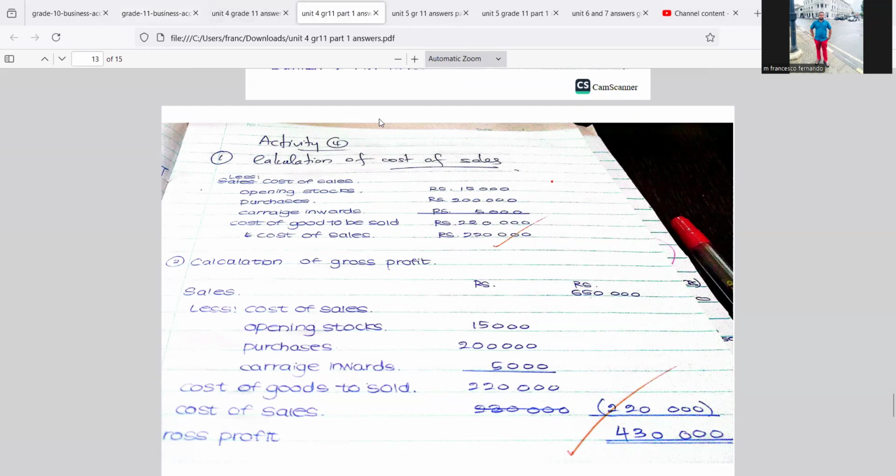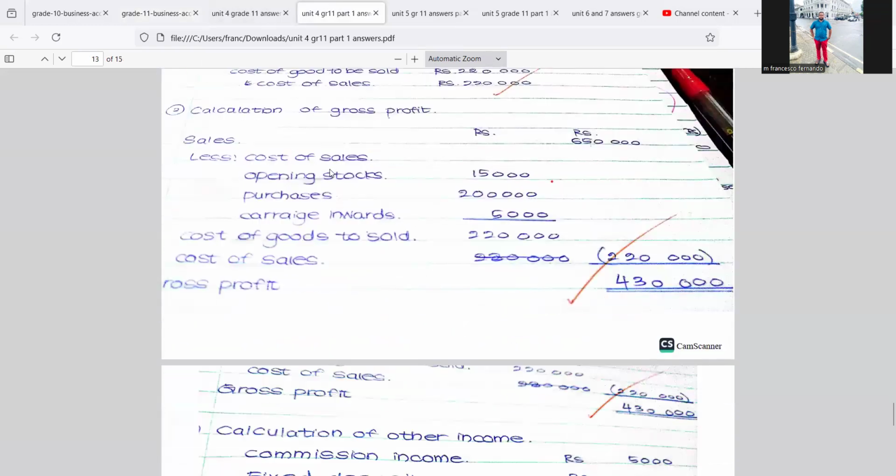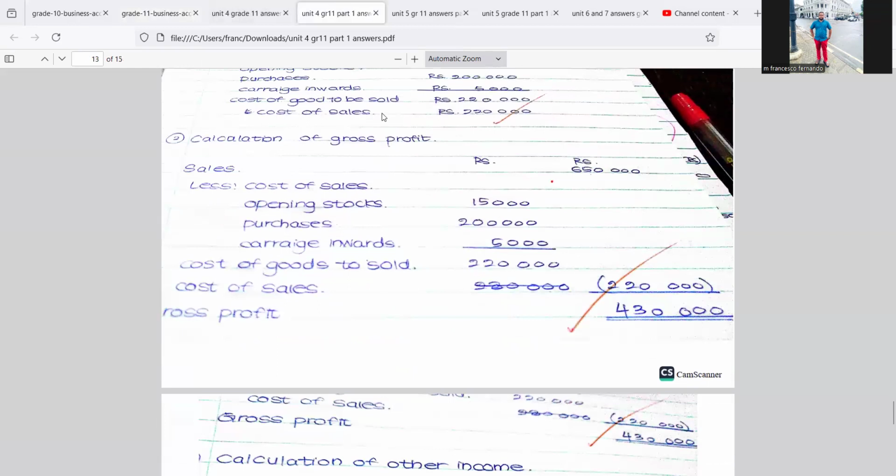Here there are no loading expenses, and then you can get the cost of goods to be sold, which is similar to the cost of sales because there is no closing stock here. Then if you find the gross profit, from the sales you have to deduct the cost of sales, and the gross profit will be 430,000.